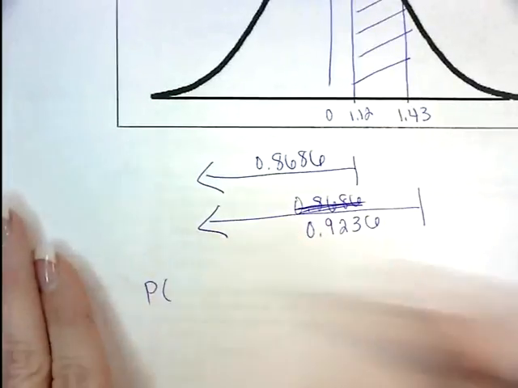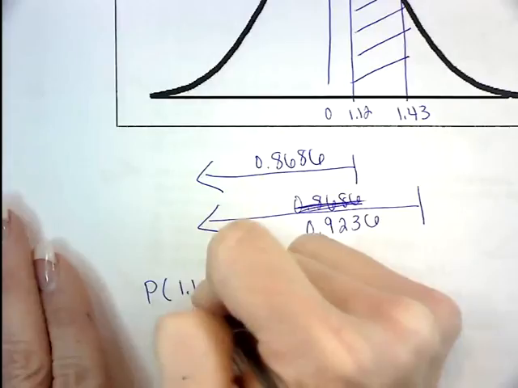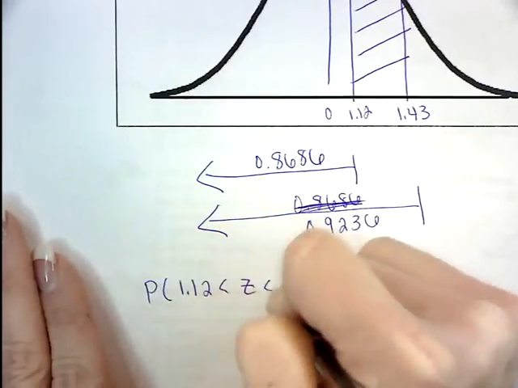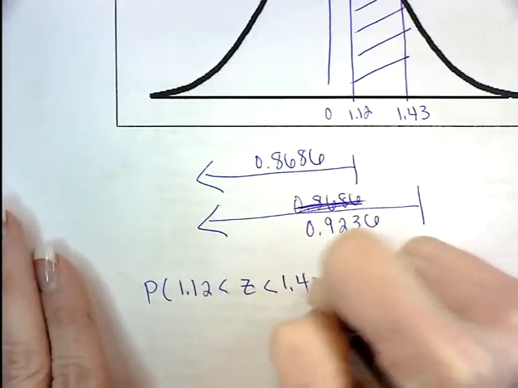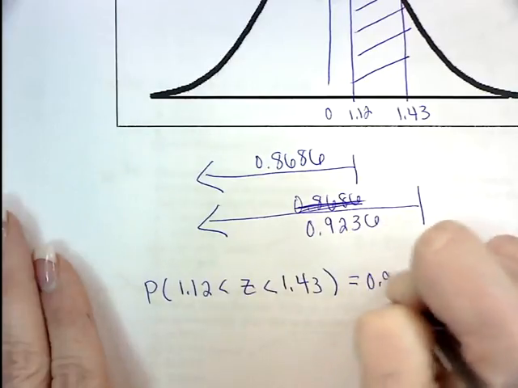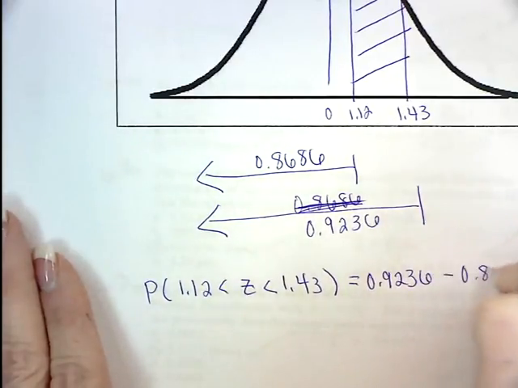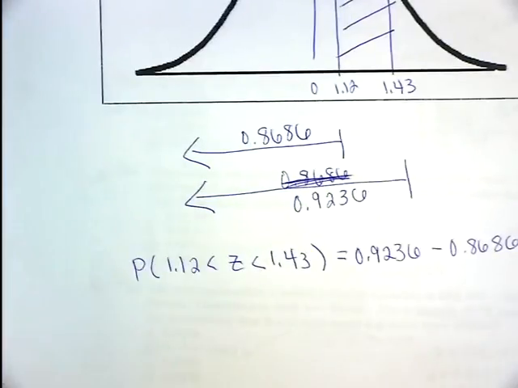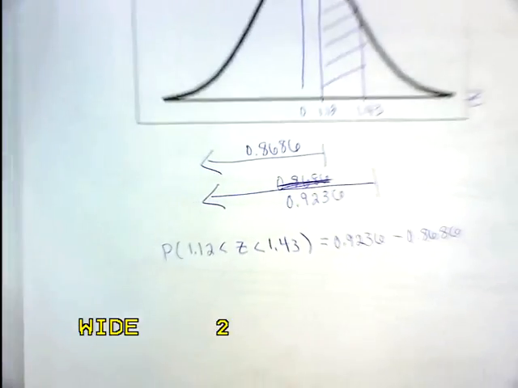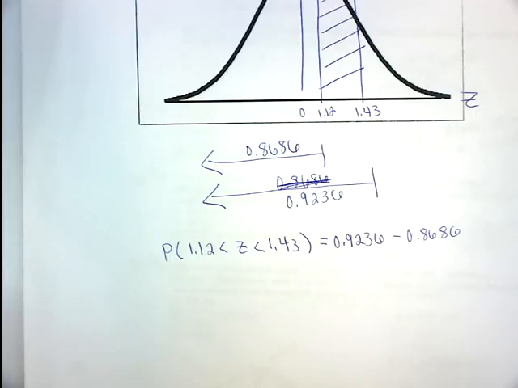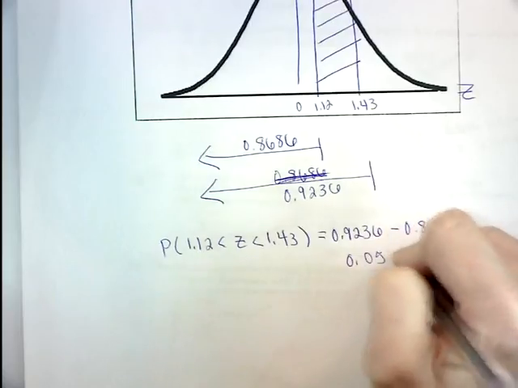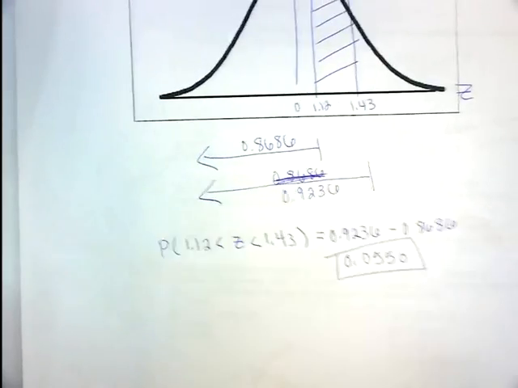So, the probability that a Z-score is between 1.12 and 1.43 on the Z-axis is 0.9236, the larger area, minus 0.8686, the smaller area. And that difference is 0.0550, and that's also your answer.